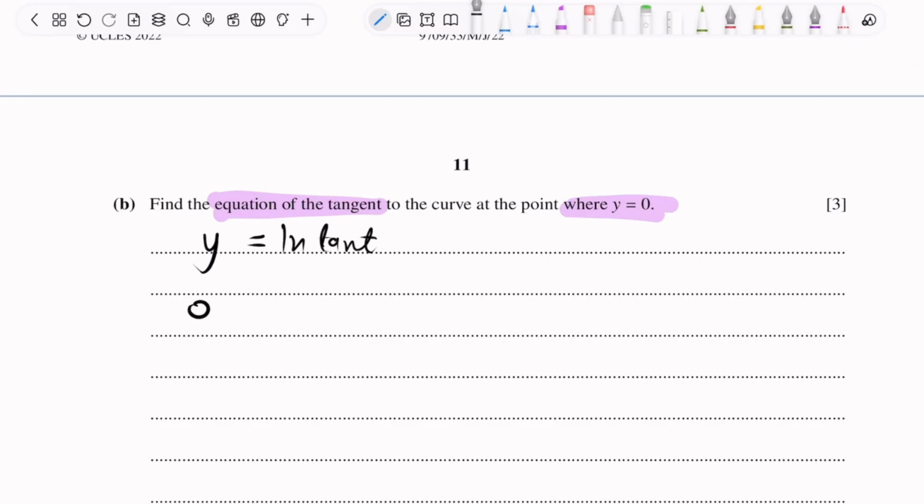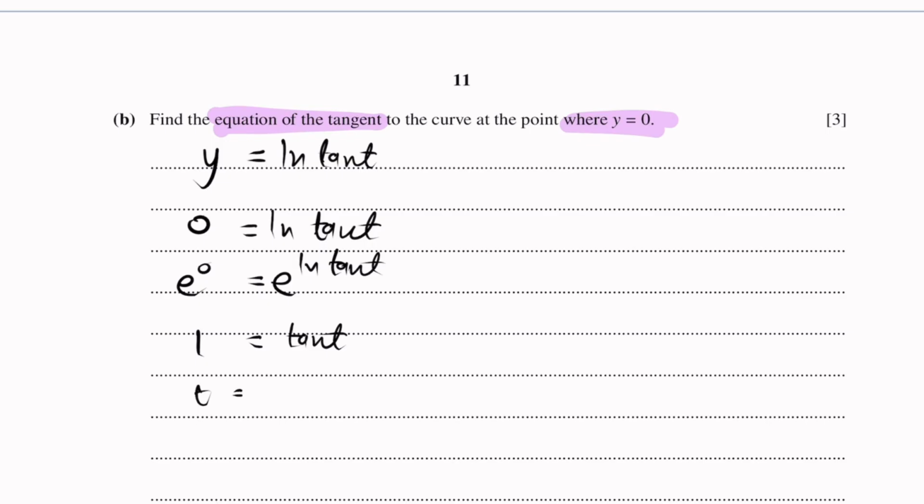So if y is equal to 0, then you take the e of both sides, and you get 1 is equal to tan t. So t is the tan inverse of 1, and that should be pi on 4.